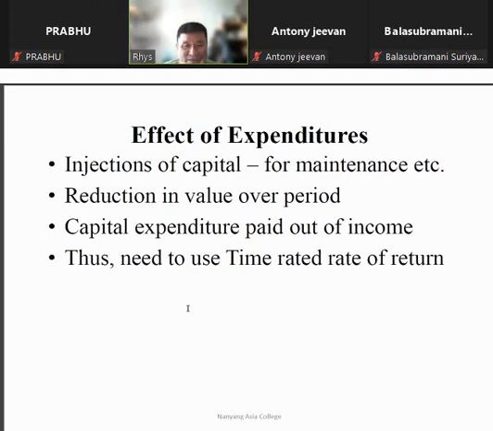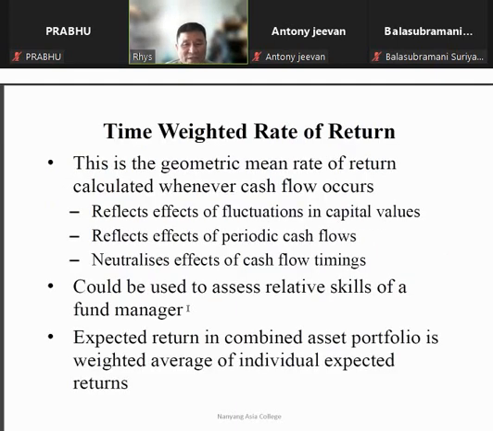So again, expenditure: how much you want to inject into the capital, and how much the value changes over a period, that means the depreciation value. Okay. Time weighted return is also based on time: 1 month, 2 months, 3 months, how much money you have in terms of return in maybe 8 months' time.